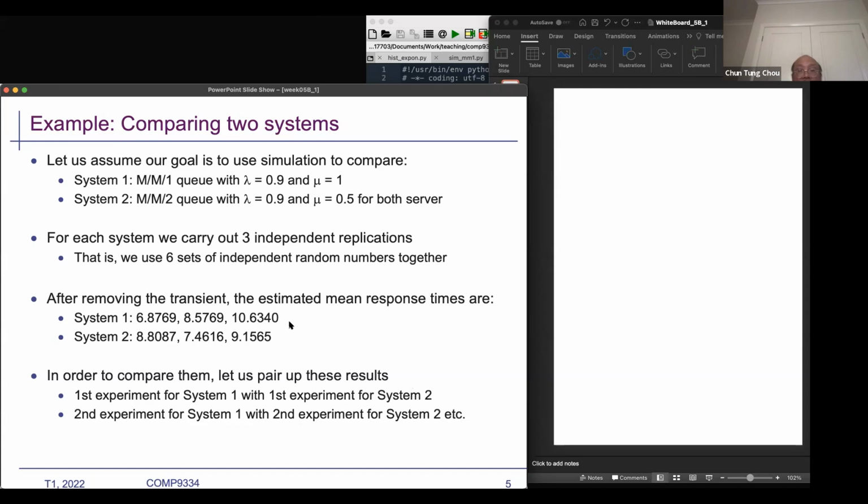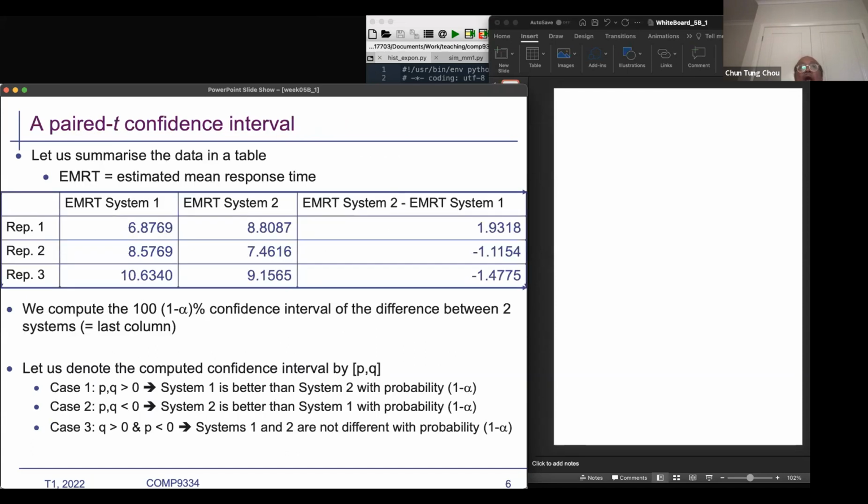Now, it's easier if we organize what we are doing in a table. Okay. In this table, each row is 1 replication, and this column is the estimated mean response time of system 1. And for this column, you have the estimated mean response times of system 2. So we pair up the numbers. If you want, you can check these are the numbers that I showed you on the last slides. Now, what we do next is a subtraction.